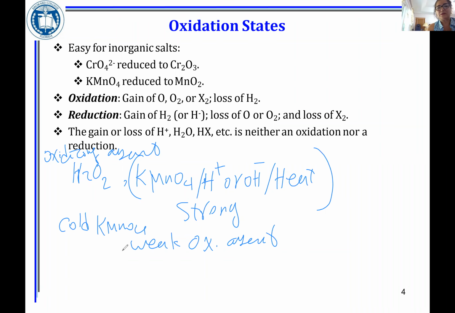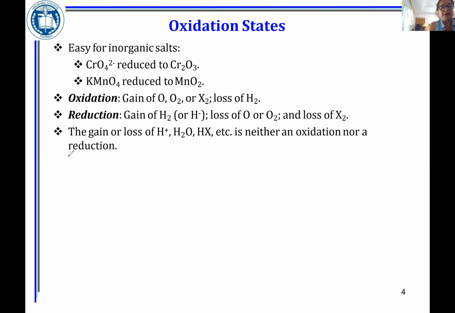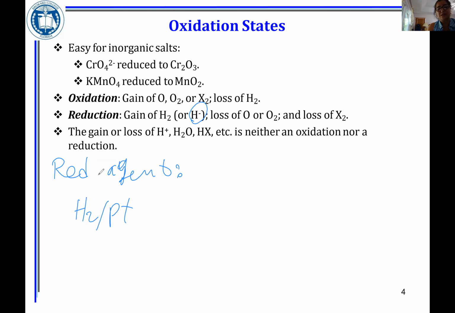Now, what about the reducing agent? Can you give me examples for reducing agents? Just a couple examples of a reducing agent that could provide hydrogen or could provide H minus. Peroxy acid was also an oxidizing agent. I didn't put them all, but I just wanted to give you some examples, okay? H2 with platinum, nickel or palladium is a reducing agent.